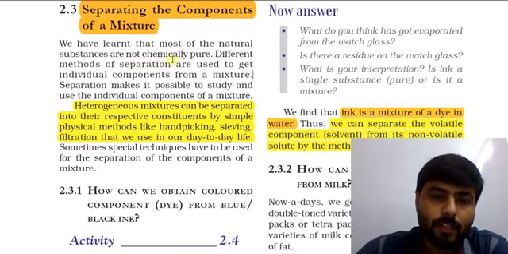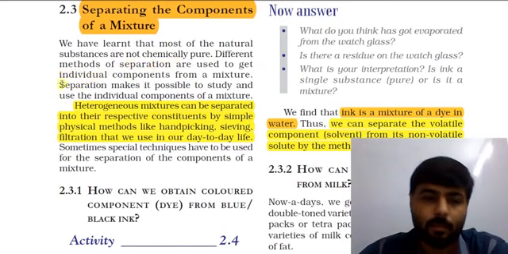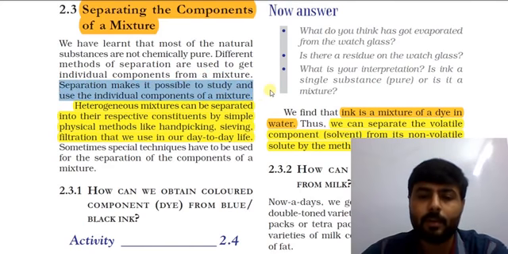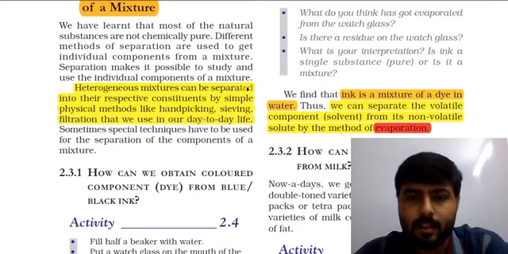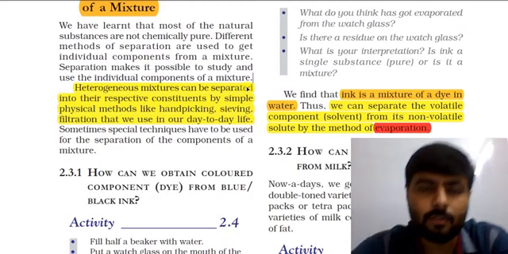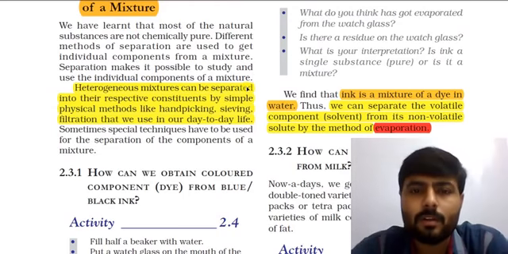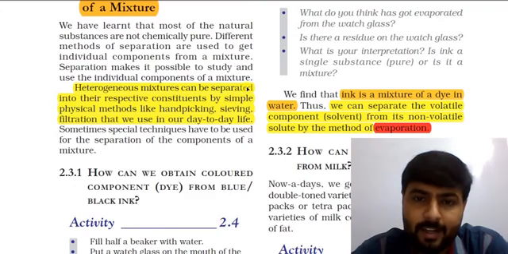So the use of separation technique is that we can get the individual components from the mixture. Separation makes it possible to study and use the individual component of a mixture. We are studying these components of a mixture. For example, we are right now facing the difficulty of getting the medicine for COVID-19.